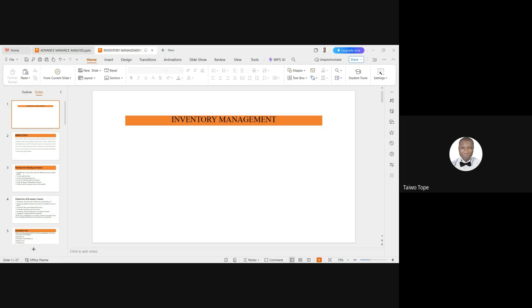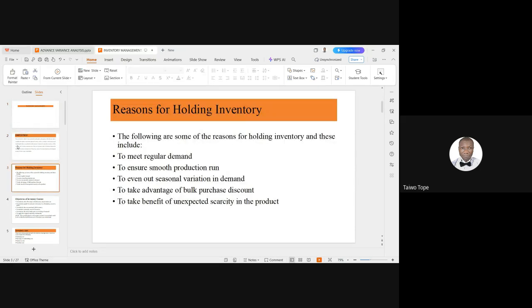As I've said, when you have a proper plan of how you want your operation to go, you will know the quantity of stock required per time. So instead of buying too much, you buy what you need at that point in time. So it helps to optimize cash flow, and it also helps to improve customer satisfaction.